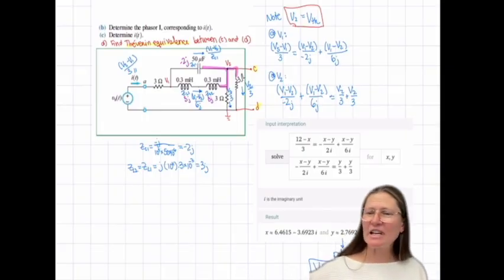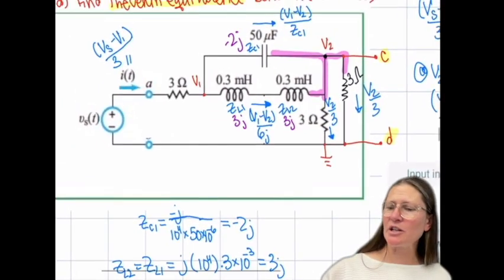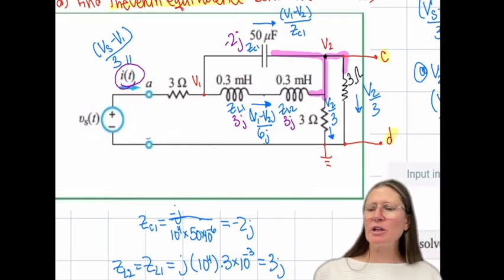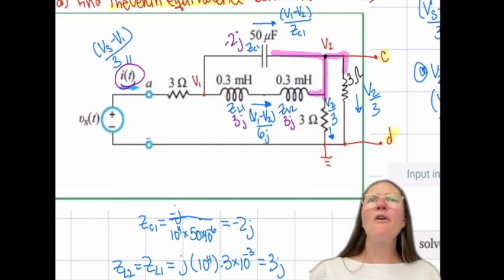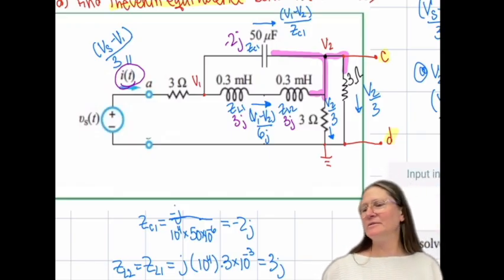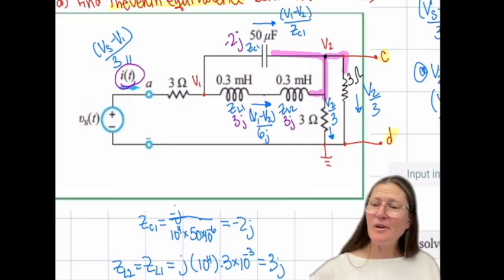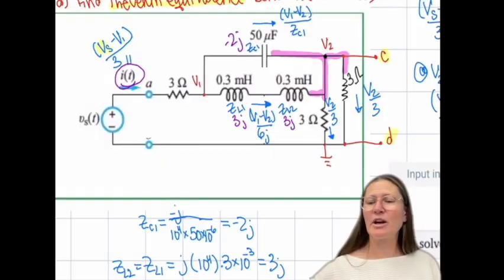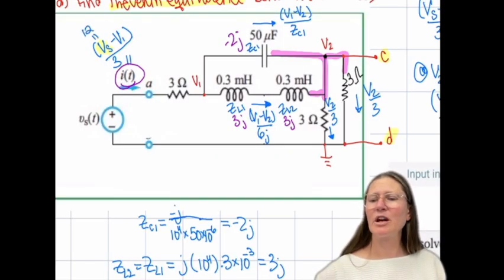Okay. All right. To determine I of t here, how are we going to determine I of t? What do we know? Do we know VS? We know VS, right? What is VS? 12, correct.